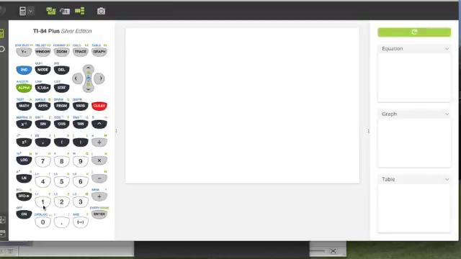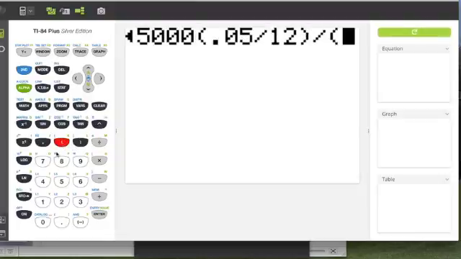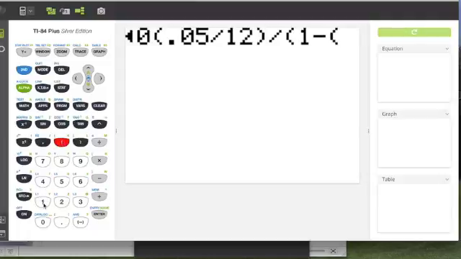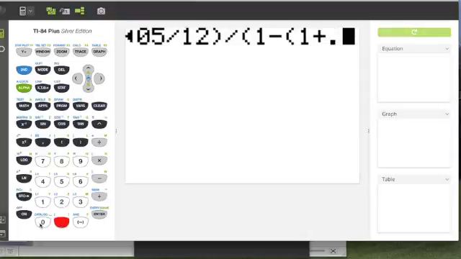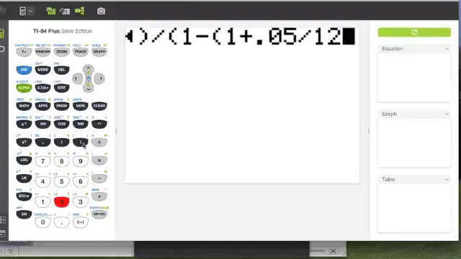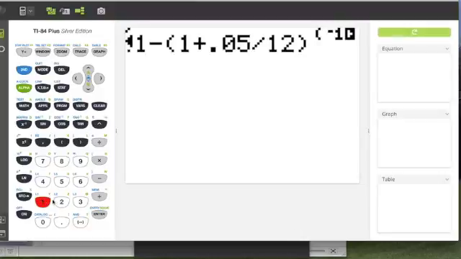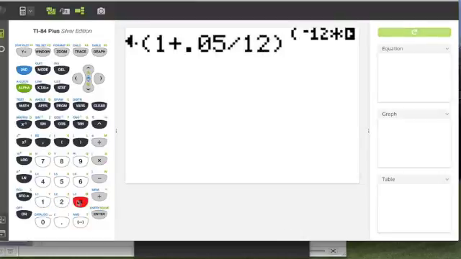First, we have 175,000 times the numerator parentheses 0.05 divided by 12, close the numerator parentheses, divided by denominator parentheses 1 minus parentheses 1 plus 0.05 divided by 12, close the parentheses, raise that parentheses to negative 12 times 30.